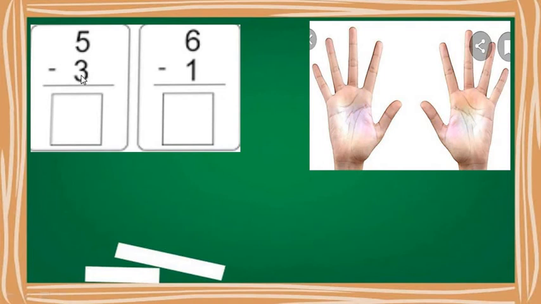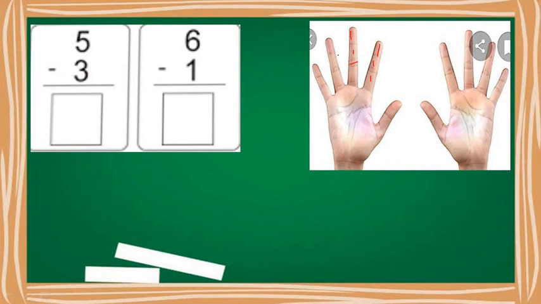5 minus 3. The sum is 5 minus 3. So we have to count 5 fingertips first. Let's count with me. 1, 2, 3, 4, 5. Stop there. Now the sum is 5 minus 3.